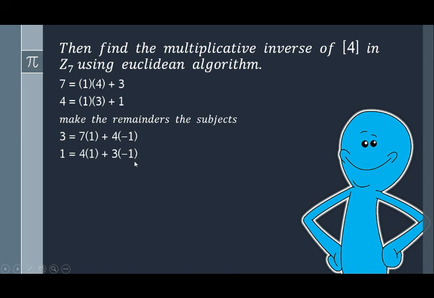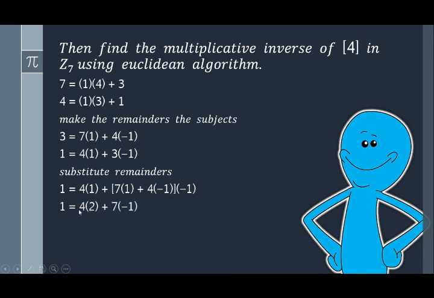I substitute the remainder 3 into the remainder 1 equation. Substituting, I get 1 equals 4 times 1 plus 3 times minus 1. I put the equivalent of 3, which is 7 times 1 plus 4 times minus 1, all times minus 1. So the final answer becomes 1 equals 4 times 2 plus 7 times minus 1.